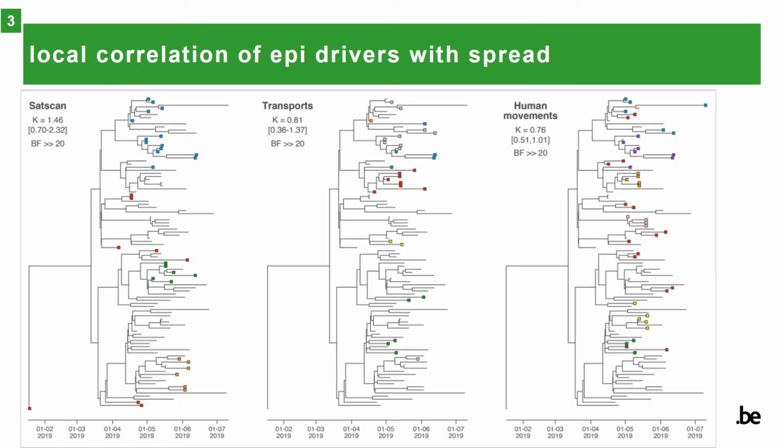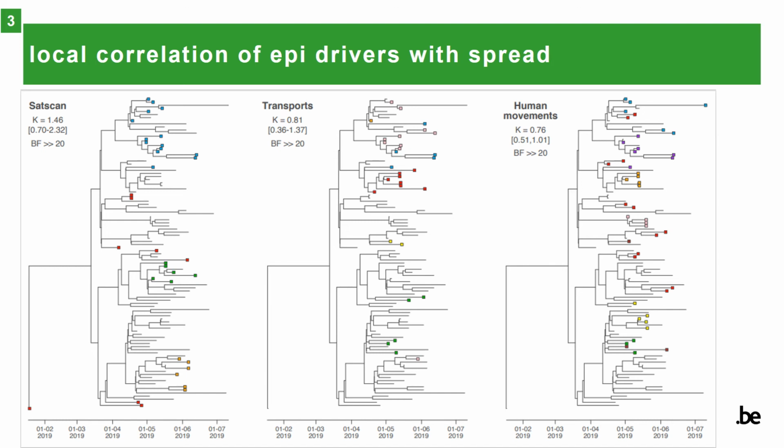Now, looking at local signals, we did another kind of analysis where we used the spatially explicit reconstruction as a backbone to check to what degree epidemiologically identified networks would occur on genetically linked farms. And this is something you can do by giving a same color code to an epidemiologically connected network.